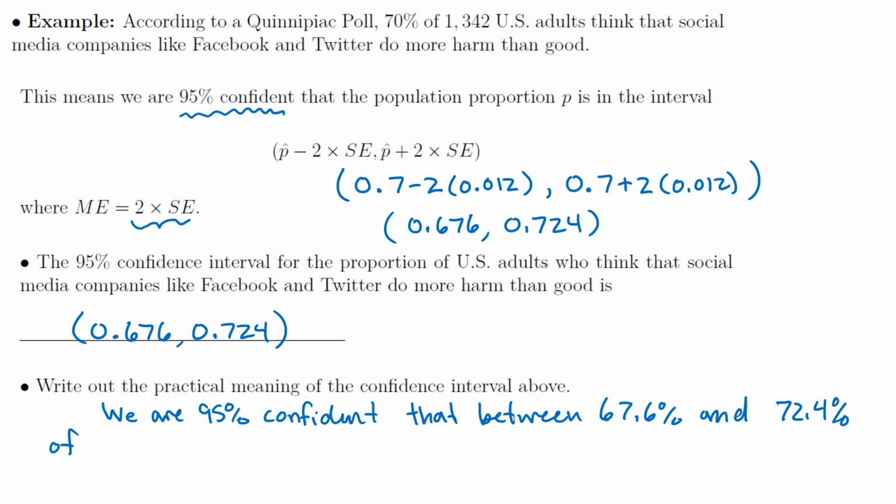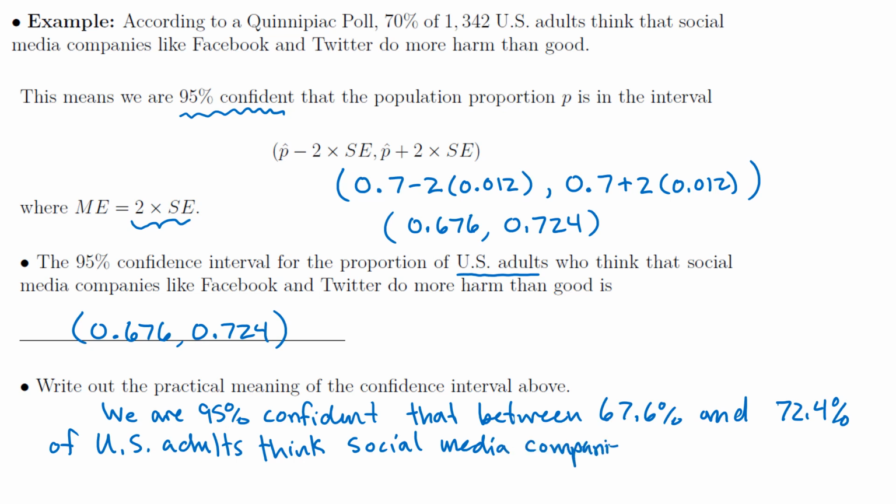So of the entire population, so in this case, US adults, of US adults think social media companies like Facebook and Twitter do more harm than good.